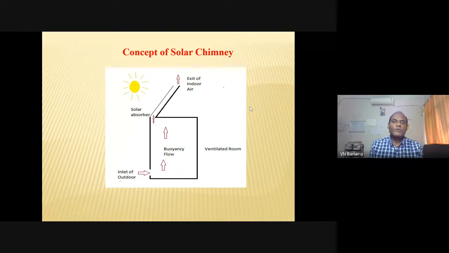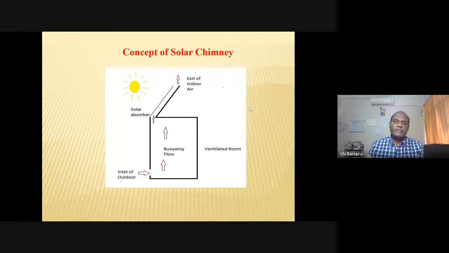With the help of solar energy, we heat the air in a passage. It may be a rectangular passage like a duct, in which a solar absorber plate is there. The bottom surface of that channel absorbs the solar energy, and this heating effect of the absorber plate heats the adjacent air.